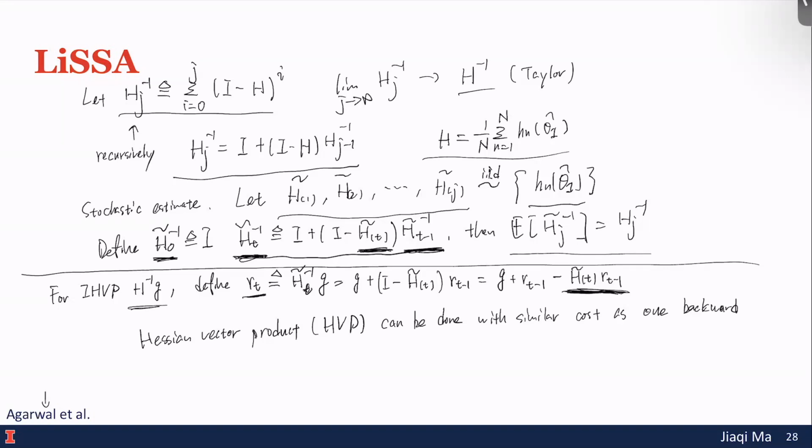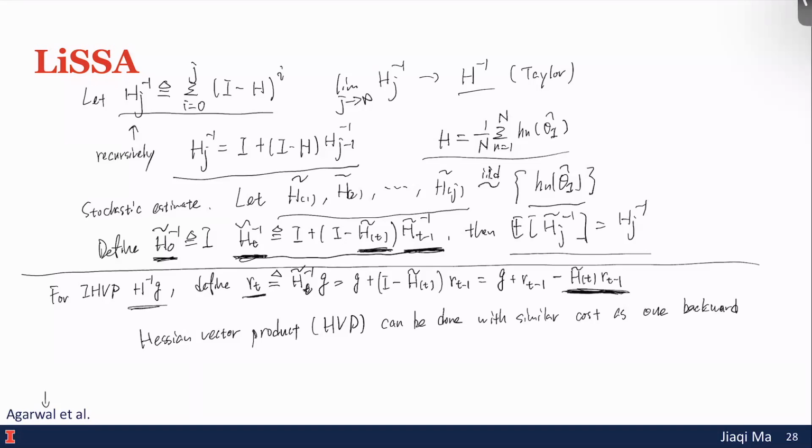This is nice, right? It doesn't require an explicit inverse, doesn't require calculating over all the n data points, and even avoids calculating the Hessian explicitly, just using the IHVP trick.